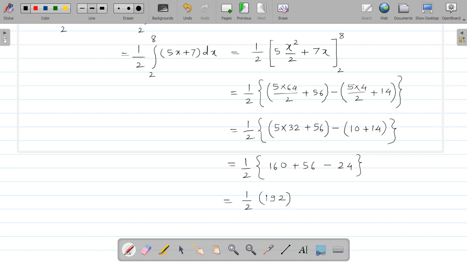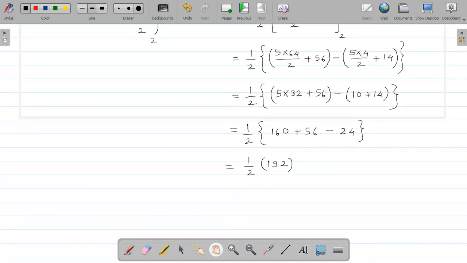Okay, see this, 160 plus 56 minus 24, that is 192, and hence if you divide this by 2, you will get 96 square units. So this is the area of the region which is bounded by that given curve.